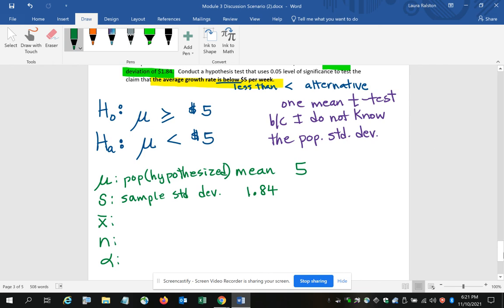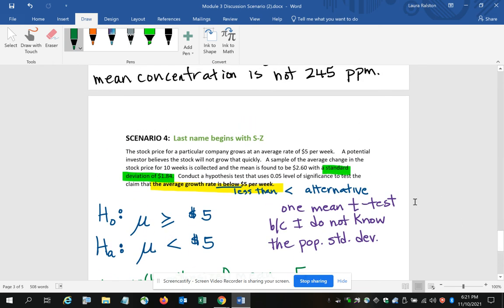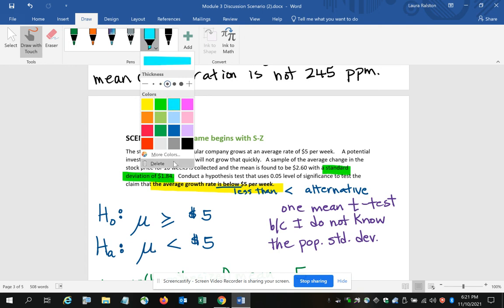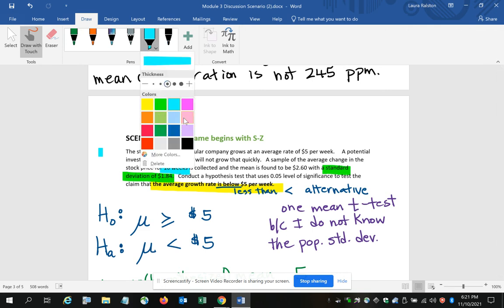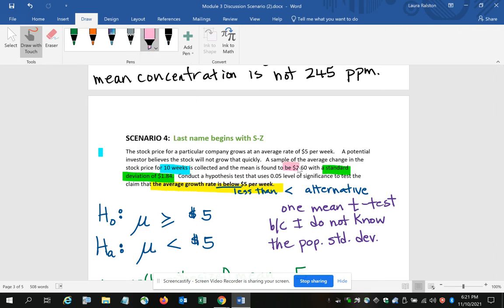If I go back up and look at the paragraph again, it says a sample for 10 weeks, and we get a mean of $2.60.